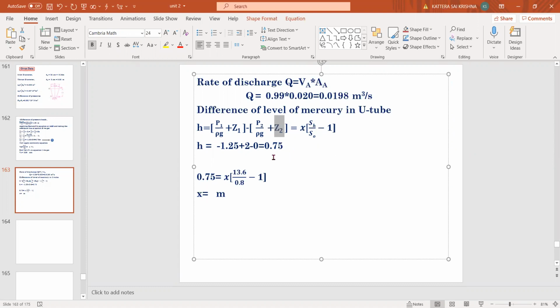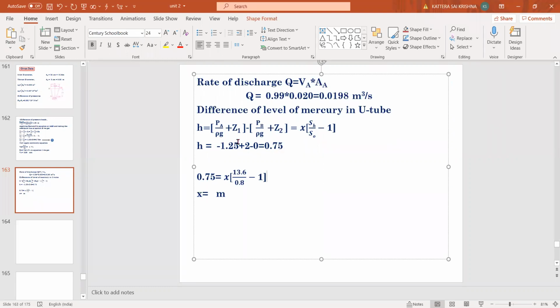I think I have shown you case 1, case 2, case 3 already. This is case 3, an inclined or vertical venturimeter. So we have PA by rho g minus PB by rho g, which we already have as minus 1.25, plus Z1 which is 2, Z2 is 0.